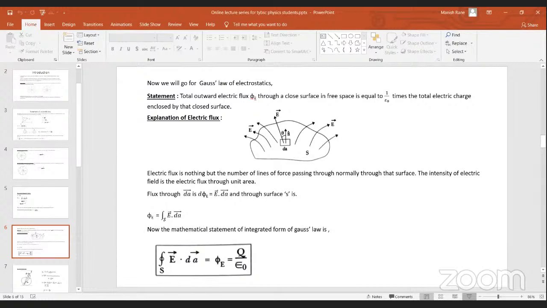So this is the proof of Gauss law. This is the surface area S of the surface.